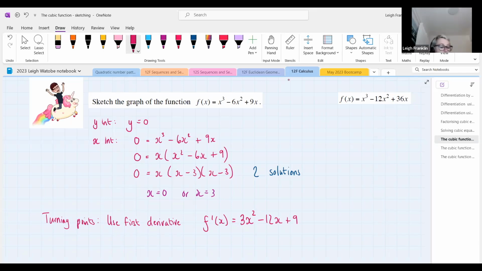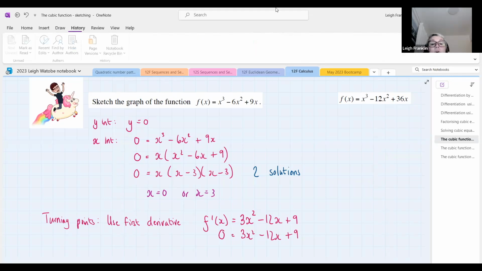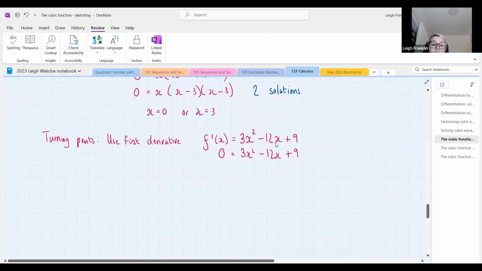Okay, so we have derived the equation that we have been given. We have to indicate that at that point, or at these points, the gradient is 0. So you must let it equal 0. And now we can solve it like we would solve any quadratic equation.